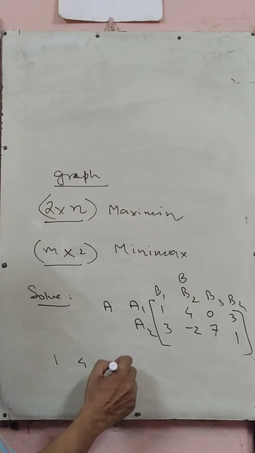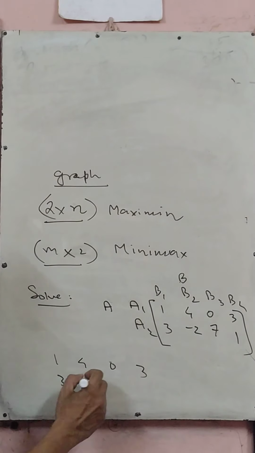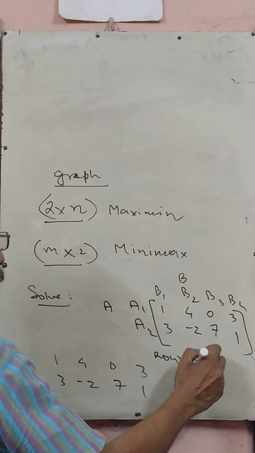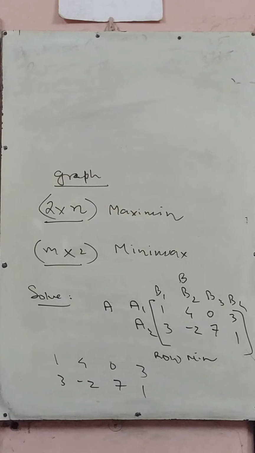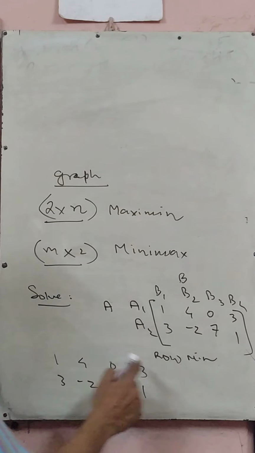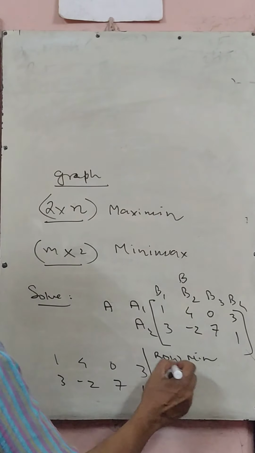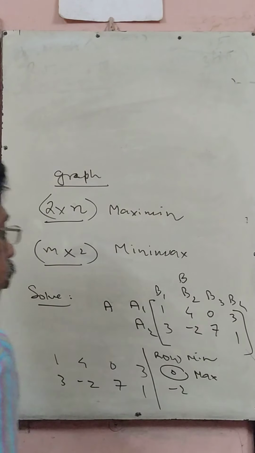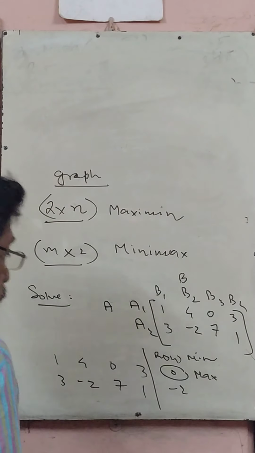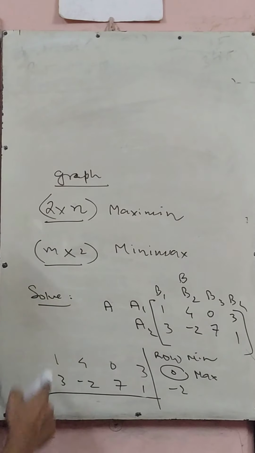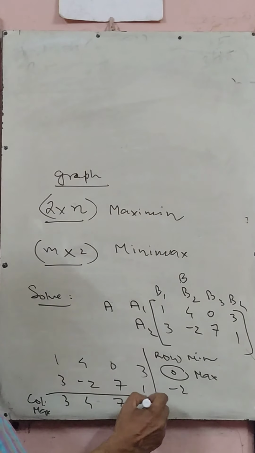That means 1, 4, 0, 3 for A1 and 3, minus 2, 7, 1 for A2. We take the row minimum to check whether it is really a mixed game or not. The minimums are 0 and minus 2, so the maximum of the row minimums is 0. Now we take the minimax. For that, take the column maximum, as we are checking the saddle point. This is 3, this is 4, this is 7, this is 3.